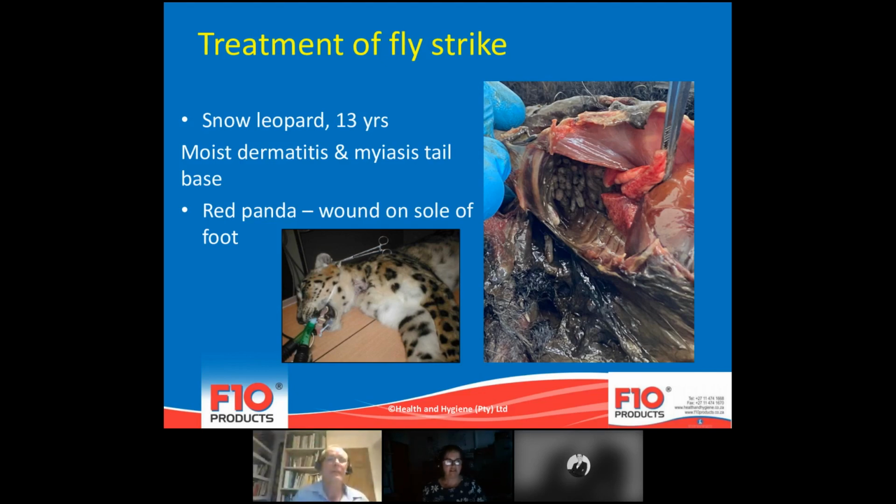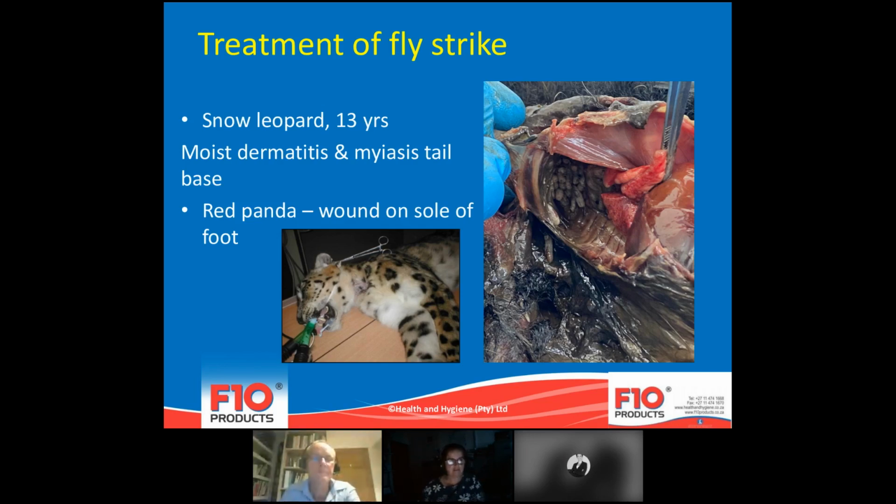Treating Flystrike. Obviously this picture on the right is one that didn't make it. Unfortunately, it didn't present until it was dead. This was a fruit bat, but I have treated Flystrike in a snow leopard. It's not this particular one, but it was an elderly animal that was being treated for chronic renal failure. Cats are normally very good at cleaning themselves up, but because it was quite old and debilitated, it had a moist dermatitis, some urine scald, and Flystrike.